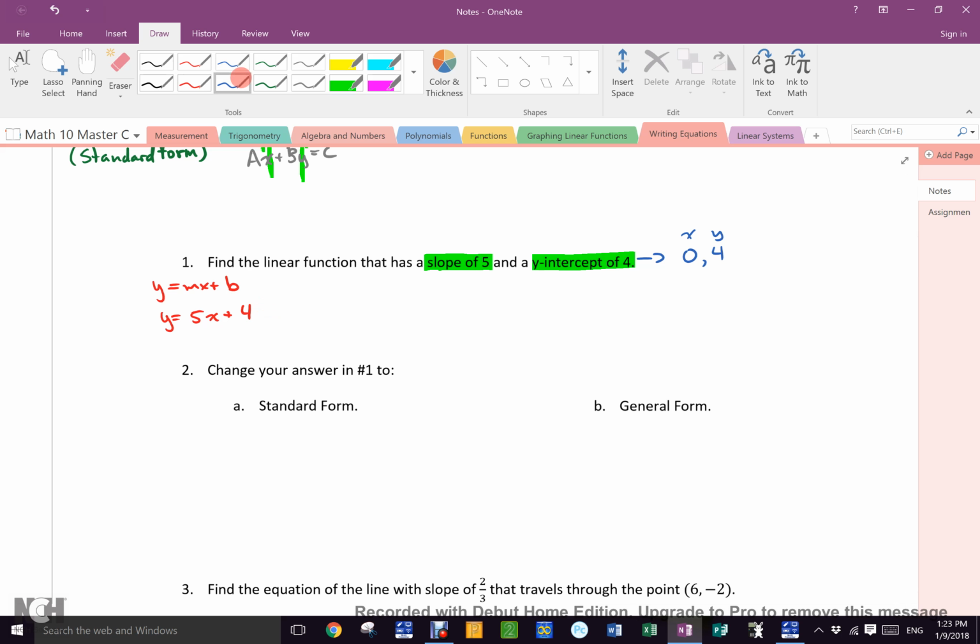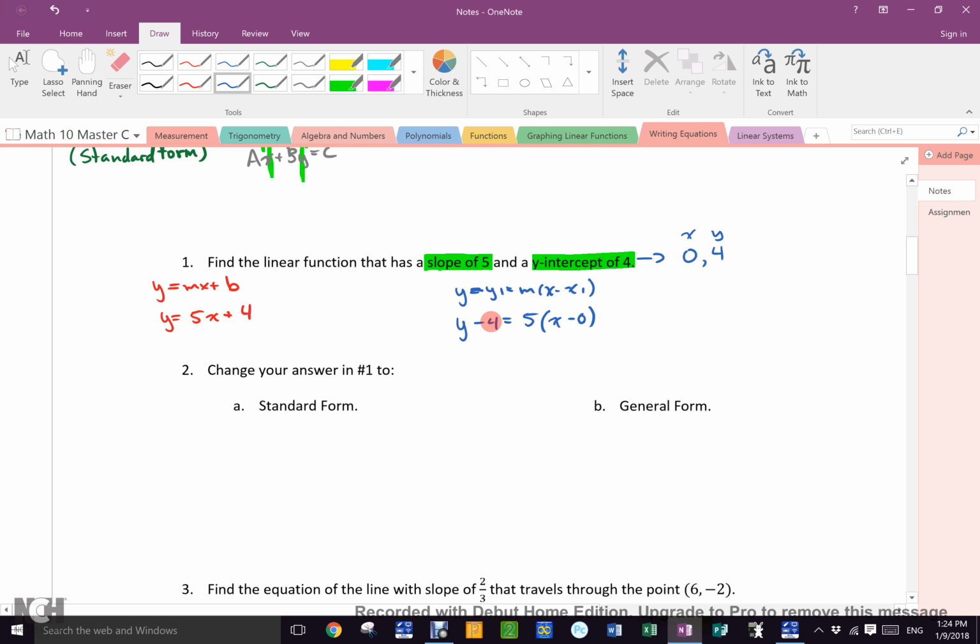If I wanted to do it in point-slope form, I've got an x and a y, don't I? So that would be y minus y1 equals m(x minus x1). Y minus y. What's my y value here? 4. So y minus 4 equals 5(x minus 0). Would I ever write that? But if I were to write that, you would know to go to 0 and 4. Correct?